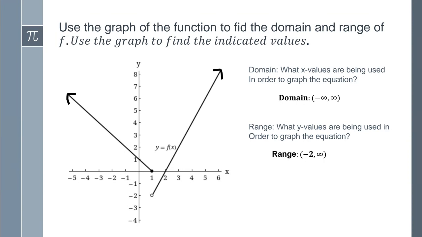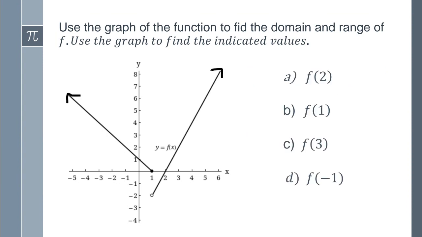So now that I found the domain and range, let's go ahead and evaluate the given points, right? So let's start with f of 2. What is the value of y when x is equal to 2? So then I go again to the graph at 2. Okay, it looks like I'm intersecting the line there. So I would say that my y value is 0.